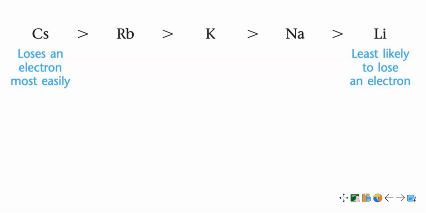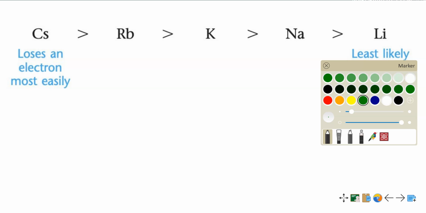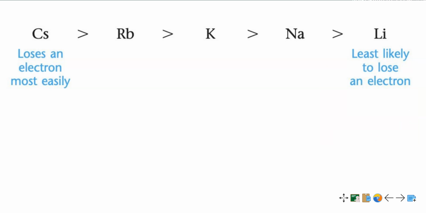Okay? Some elements gain and lose more easily. Let me change this back to red. This losing an electron is called ionization, or it's called ionizing. We'll talk about ionization energy here in a second.